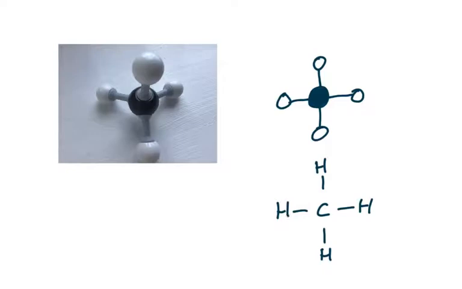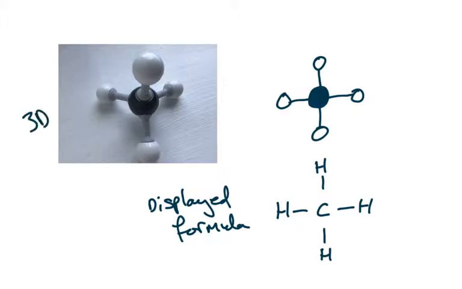So I've just replaced the circles with the names or the symbols of the atoms that they represent. So we call this a displayed formula. And a displayed formula is just a way of showing our 3D structure as a 2-dimensional shape.